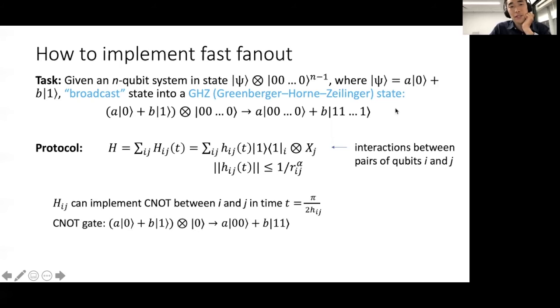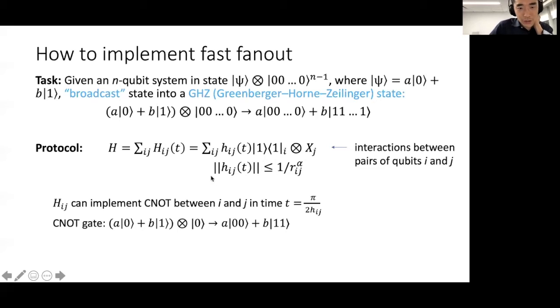So this task here can be viewed as an entanglement generation subroutine. And it can be done using the following Hamiltonian that consists of two qubit interactions. H is equal to the sum over pairs of qubits i and j of these pairwise terms. These terms look like some coefficient, that's potentially time dependent, times the projector onto the one subspace tensor product with the X target on qubit j.